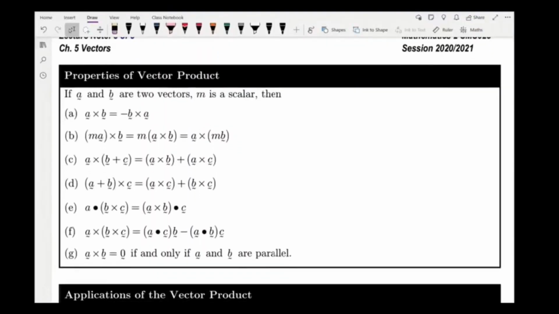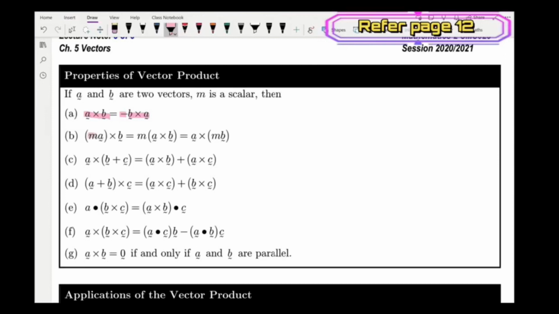Okay, next. Properties of vector product. So macam tadi kita dah tunjukkan menggunakan normal vector kita boleh tahu A cross B must be equal to negative B cross A. And then kalau ada scalar yang kita darabkan dengan vektor produk tersebut, kita boleh ubah-ubah tempat dia lah. Mungkin M tu kita keluarkan dulu, kita crosskan AB dan seterusnya.